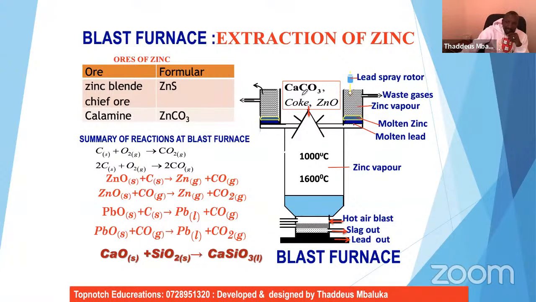Then on the decomposition, we have the calcium carbonate, which decomposes to form calcium oxide. The calcium oxide combines with silica, one of the impurities in the zinc, to form calcium silicate.